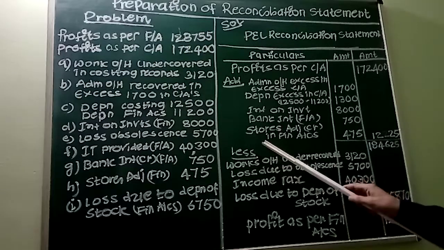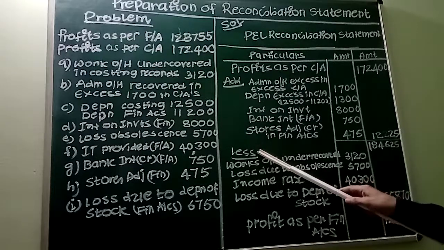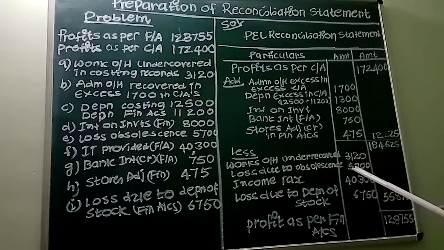Coming to the deduction part, less items. So 3,120 plus 5,700 plus 40,300 plus 6,750 put together, this will be 55,870. So the total amount to be deducted from this is 55,870.